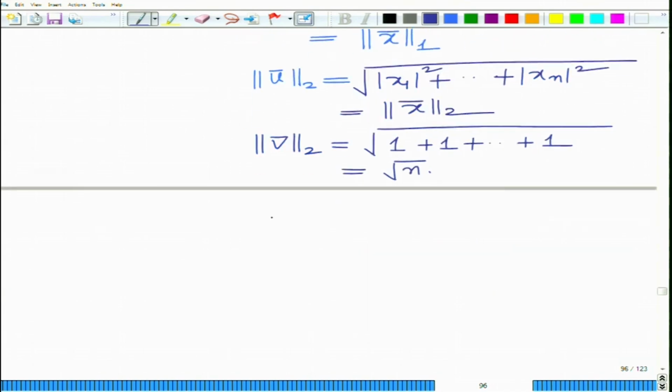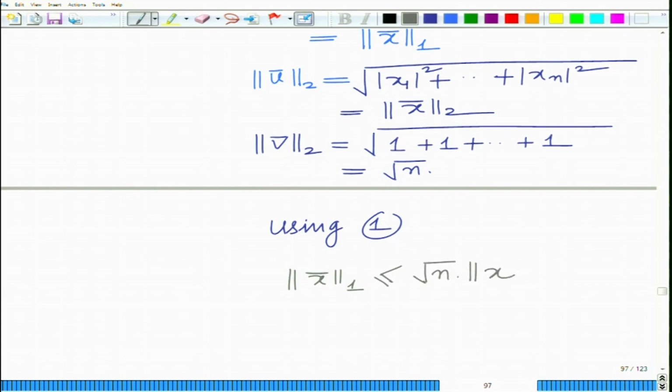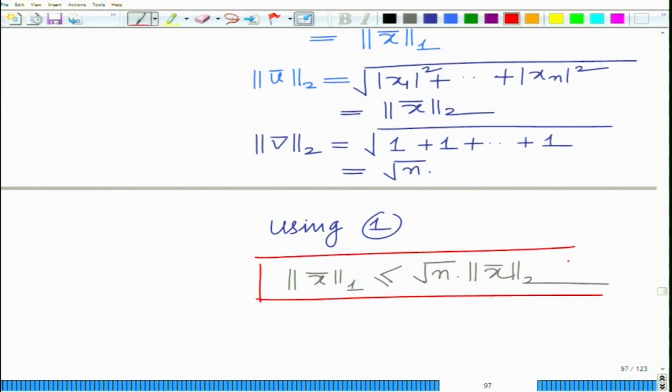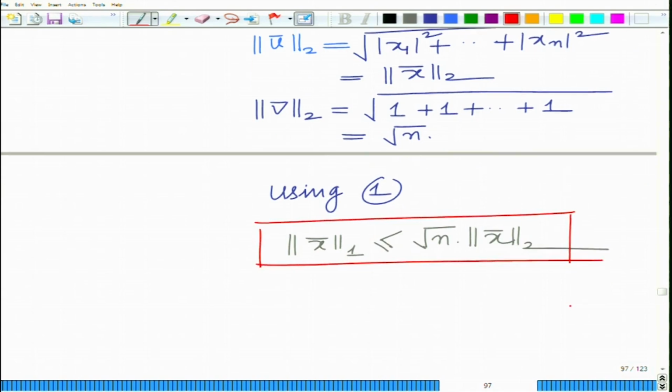Substituting all these, this yields norm x bar 1, that is u transpose v bar, is less than or equal to norm v bar, that is square root of n, into norm u bar, that is the 2 norm of x bar. So, this is an interesting property that we have.